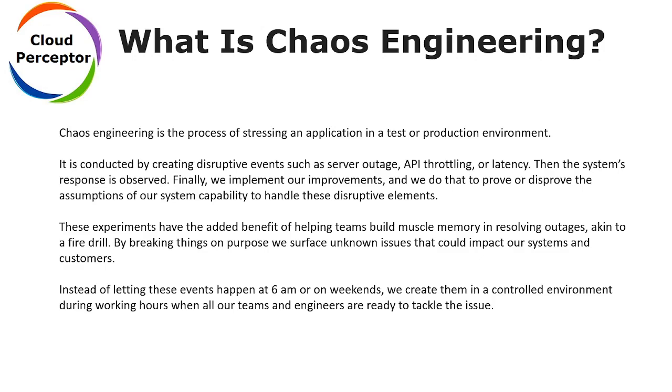By breaking things on purpose, we surface unknown issues that could impact our systems and customers. Instead of letting these events happen at 6 a.m. or weekends, we create them in a controlled environment during the working hours when all our teams and engineers are ready to tackle the issue.